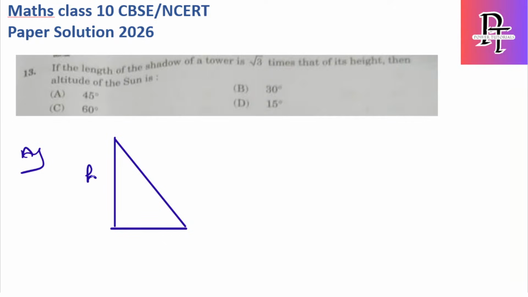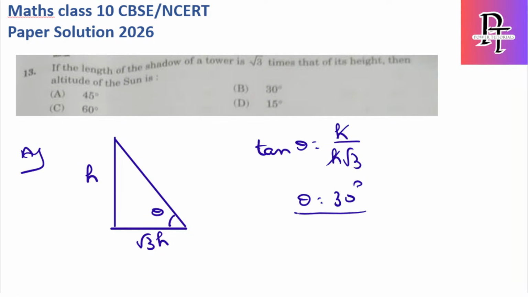So if I write height as h, the shadow is root 3 times of h. They are asking the altitude of sun, theta. So direct question, tan theta is equal to h by h root 3, h cancels, so theta is tan of which angle is 1 by root 3? The answer is 30. The answer is B.